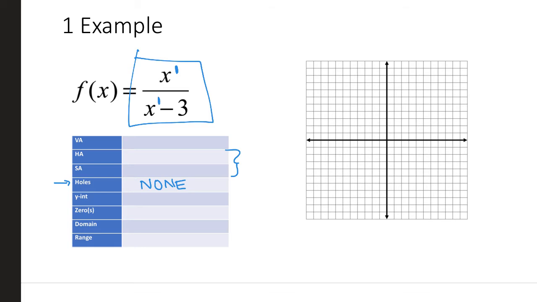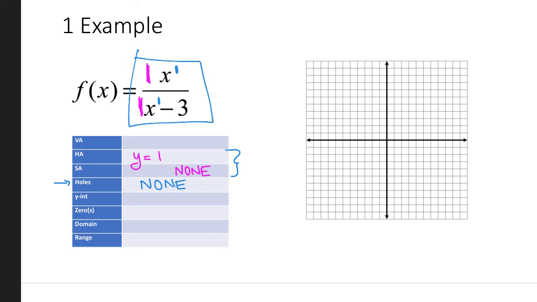So when that happens, you're looking at the leading coefficients. In other words, the number that's here, which is a 1, over the number here, which is a 1. So this one has a horizontal asymptote of y equals 1, which automatically means that there is no slant asymptote.